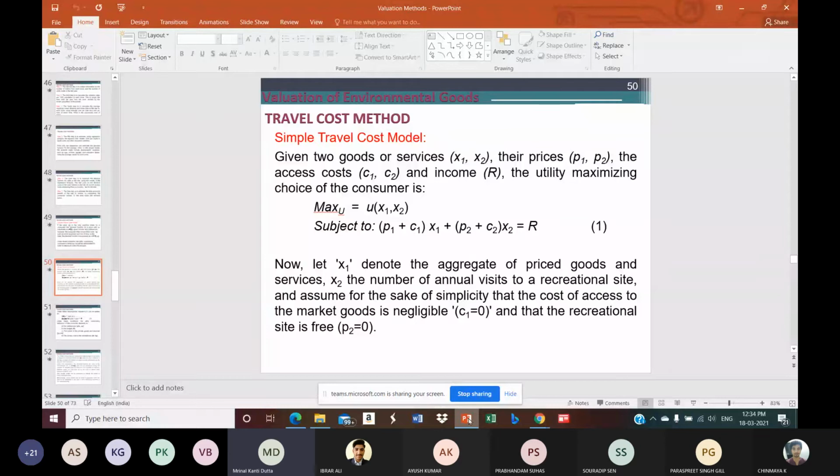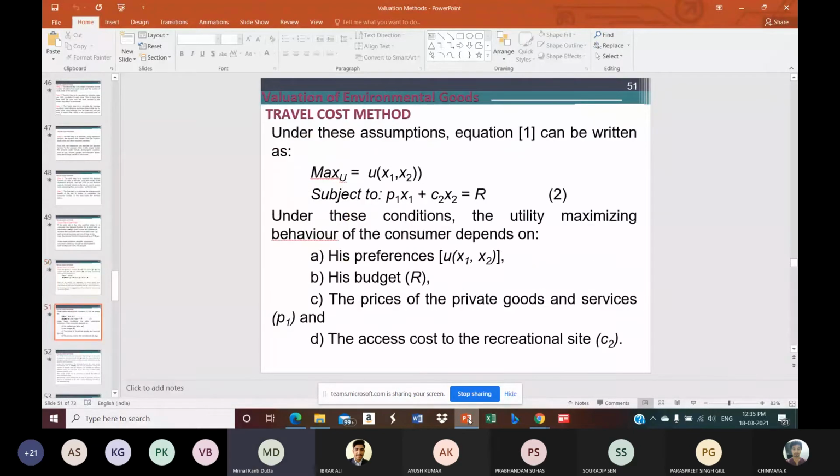And the recreational site is free, meaning in fact there is no entry fee, so P2 is equal to 0. The only thing is that the travel cost is there in the case of the recreational product, and in the case of a marketed product, C1 is equivalent to 0. The excess cost is not there. So P1 X1 plus C2 X2 will be equivalent to R.